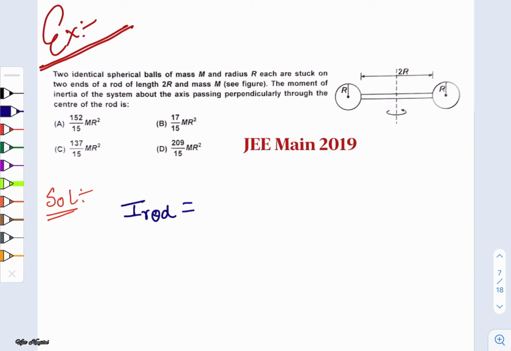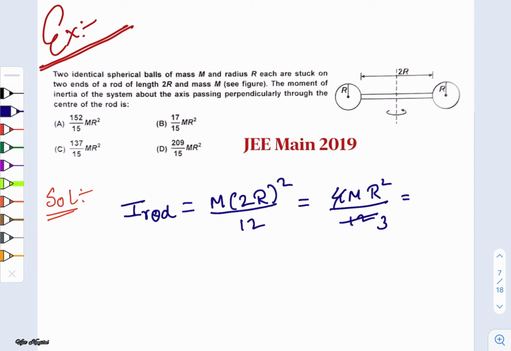So I rod would be simply m times 2r whole square by 12, as the moment of inertia of a rod with respect to an axis passing through its center and perpendicular to its length is given as mL square by 12, where L is the length of the rod. So what do we get? 4mr square by 12. So we get it as mr square by 3.